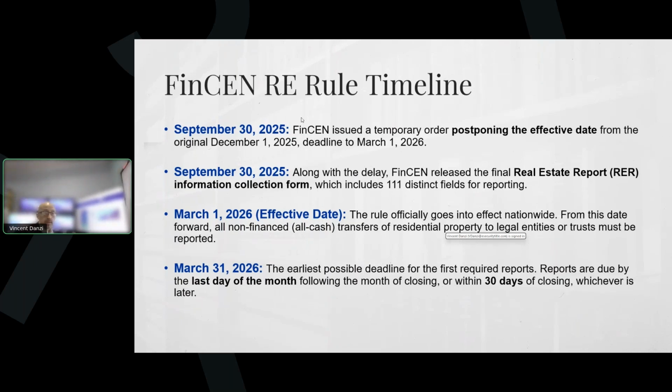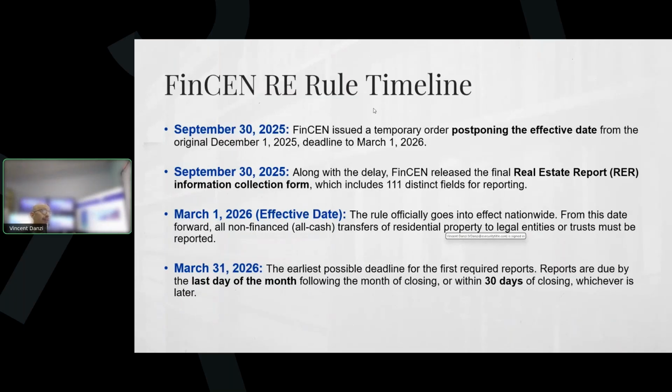But whether the transfer actually occurs on March 1st or February 28th is actually a big deal. Because if the transfer happens on February 28th, this rule will not be in effect yet. If it goes into effect on March 1st, you will actually have to make the report.